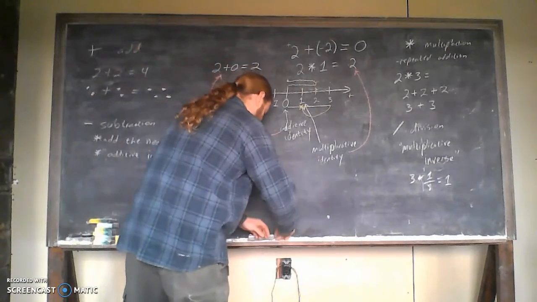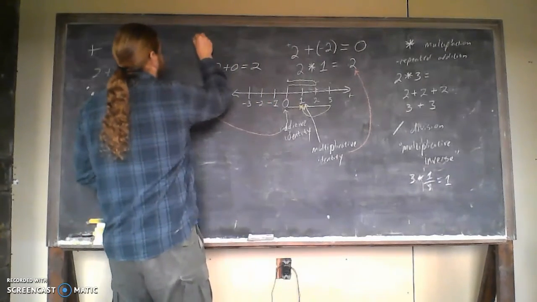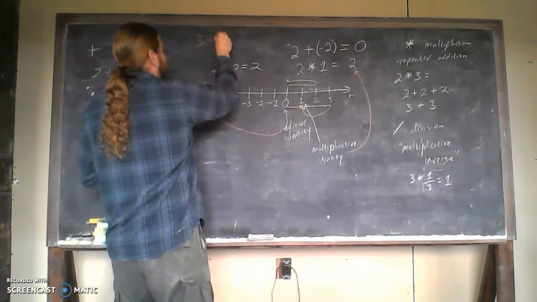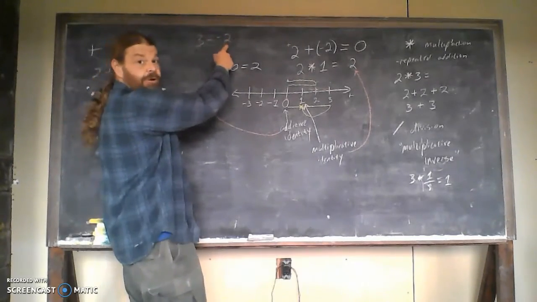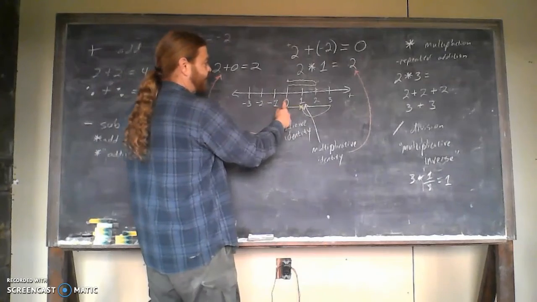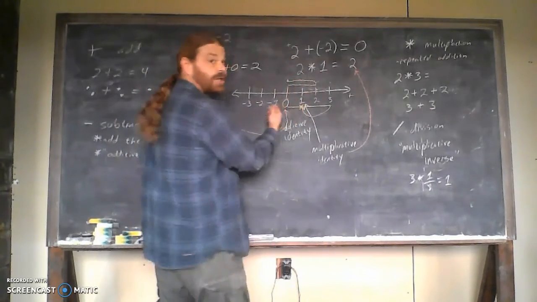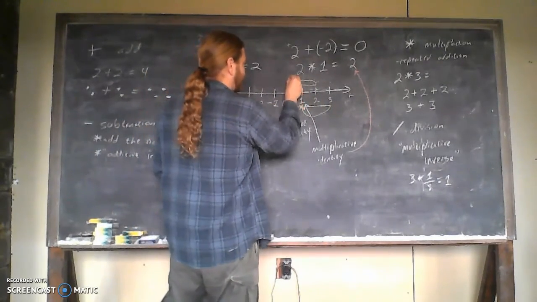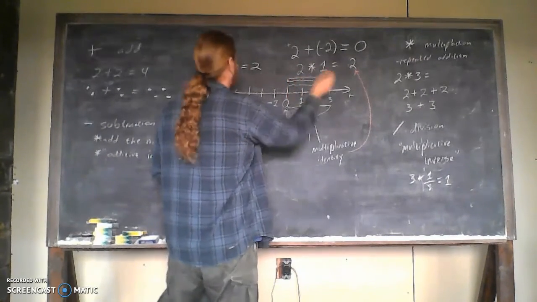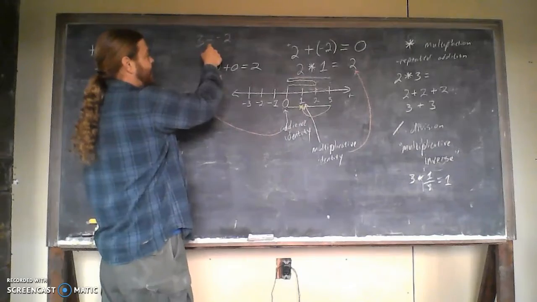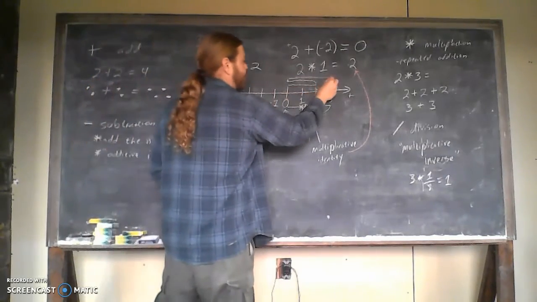So 3 minus negative 2, we're going to turn around twice. We start trying to move to the left 3, or sorry, to the right 3. Start here, try to move to the right 3, but then the negative sign turns us around.